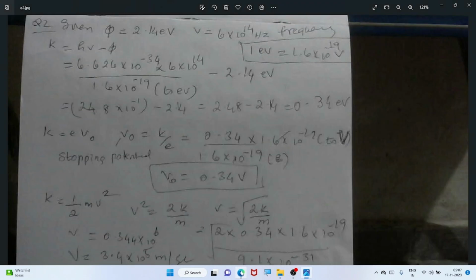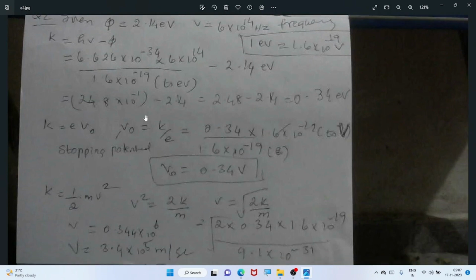Stopping potential: kinetic energy is related to the stopping potential by the equation E equal to eV naught. So the stopping potential V naught equals kinetic energy divided by the charge of the electron. Here we are converting into electron volts, so this will cancel out. This is the voltage, the stopping potential.